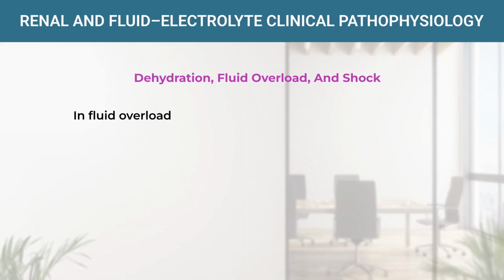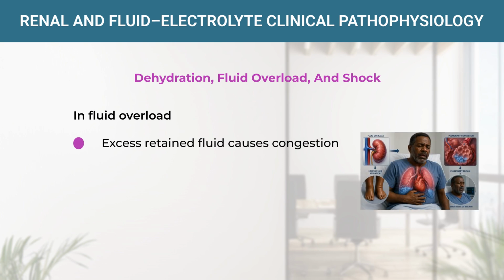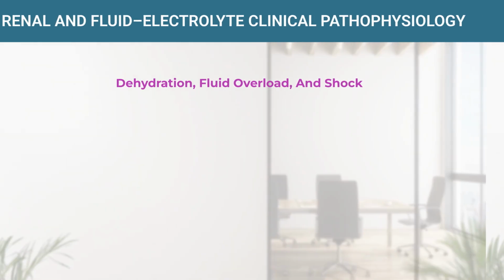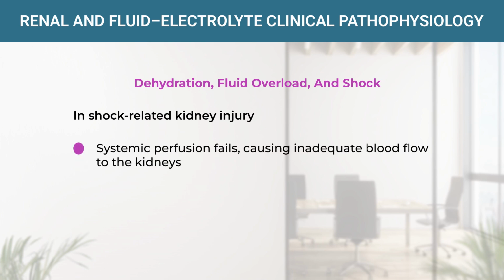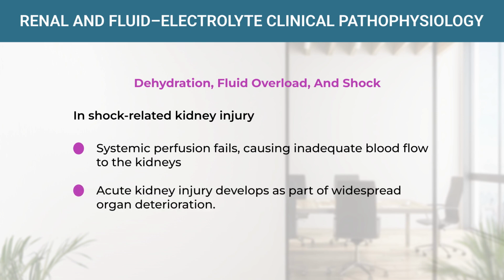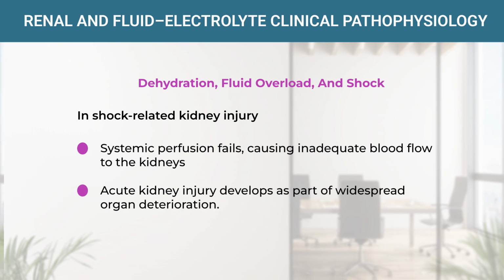In fluid overload, excess retained fluid causes congestion, and this can lead to pulmonary complications. In shock-related kidney injury, systemic perfusion fails, causing inadequate blood flow to the kidneys. As a result, acute kidney injury develops as part of widespread organ deterioration.